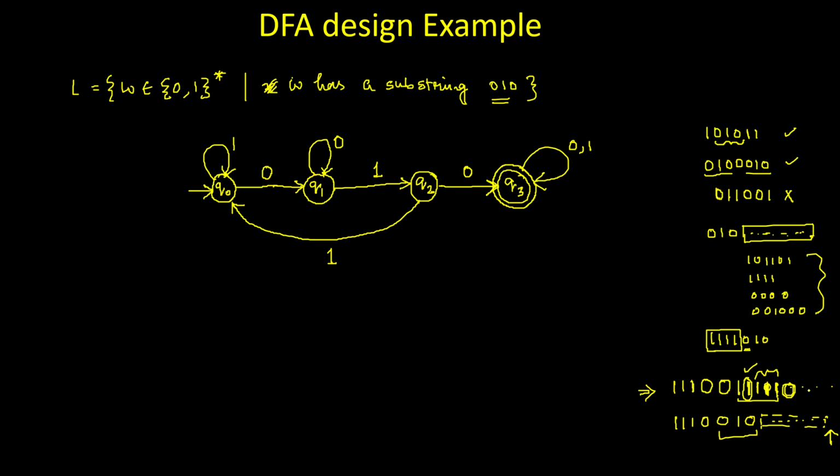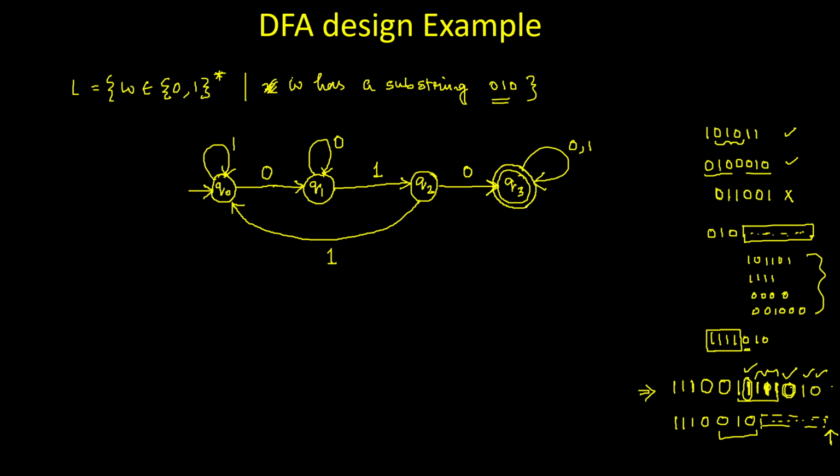If I assume that I have 0 1 0, something like this, then for this particular 0 I will go from Q0 to Q1, then for this 1 I will go from Q1 to Q2, and for this 0 I will go from Q2 to Q3. At the end of the string I will see that I am in the final state. The machine will see that it is in the final state, so that means it should be accepted.